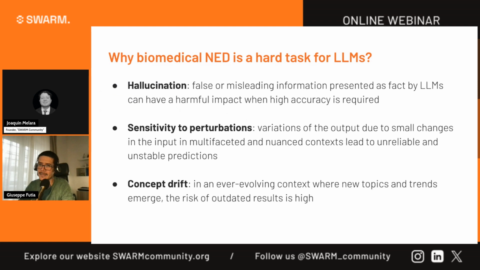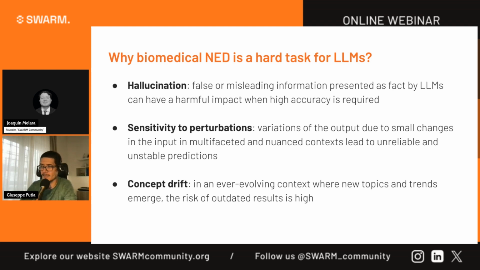And this is related to their intrinsic limitations, because these intrinsic limitations become stronger for the biomedical domain and the named entity disambiguation task, in the sense that these limitations have a huge impact for this type of task. For instance, in the case of hallucination, false or misleading information can lead to a harmful impact when high accuracy is required.